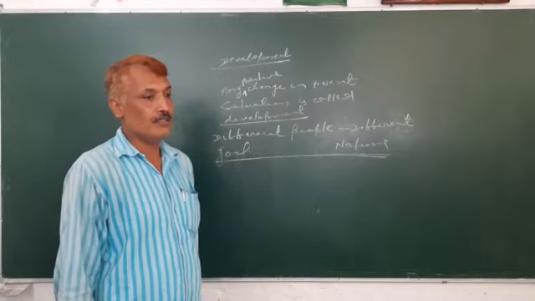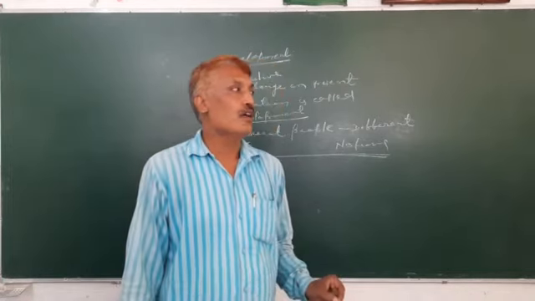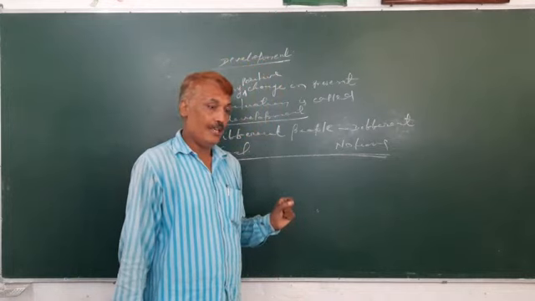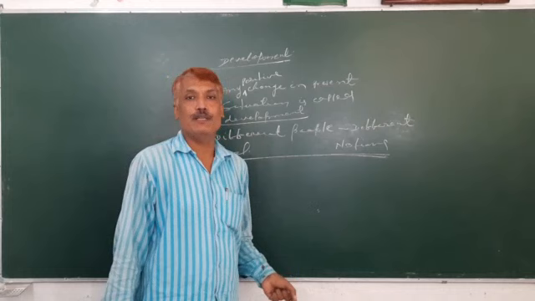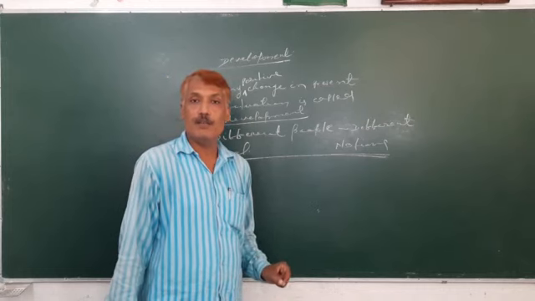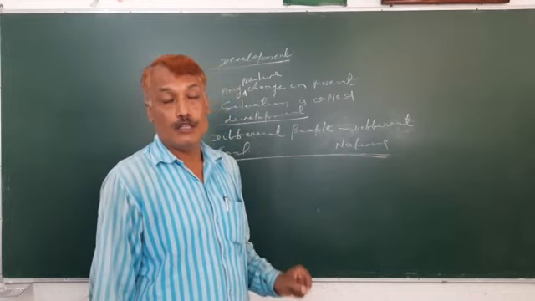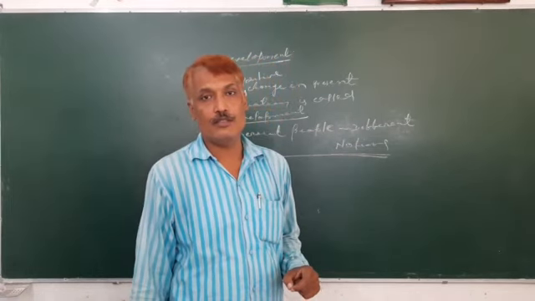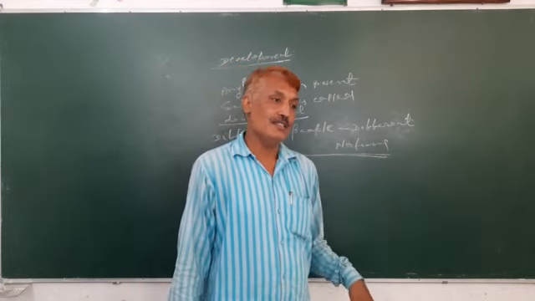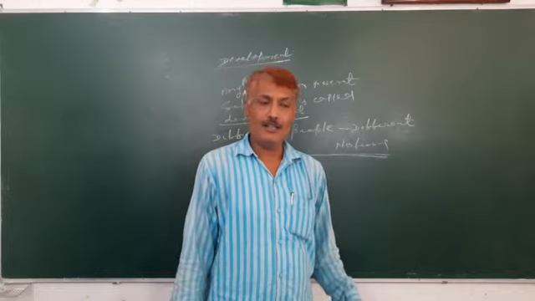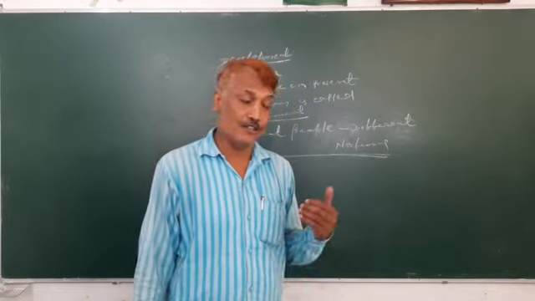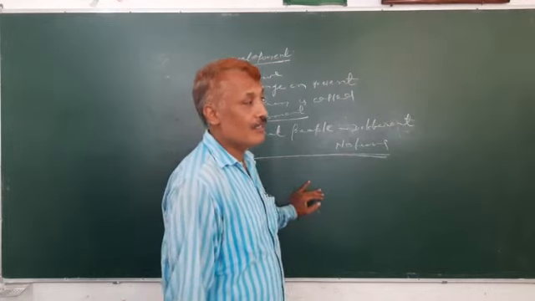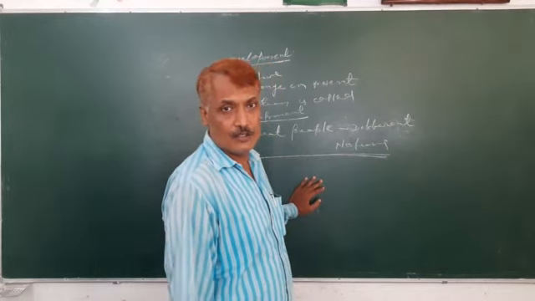According to a data, there are 6,000 languages and sub-languages used by the people, and they are also divided into more than 4,000 types of castes and subcastes. And their language and their religion are also different. People differ on the basis of language, religion, caste, and so on.